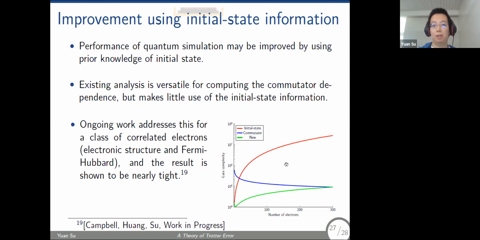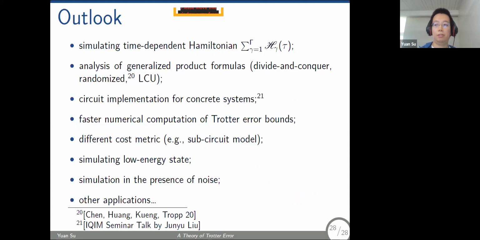And the result is qualitatively illustrated in this picture. Let's say if you only exploit the commutativity, you get a blue curve, which doesn't perform well in the low energy regime. On the other hand, if you only exploit the initial state information, then you won't perform very well in the high energy regime. But instead, the new idea is to simultaneously exploit two sources of information, and you get this green curve, which is better than the previous two. So there are also some other directions for future work.